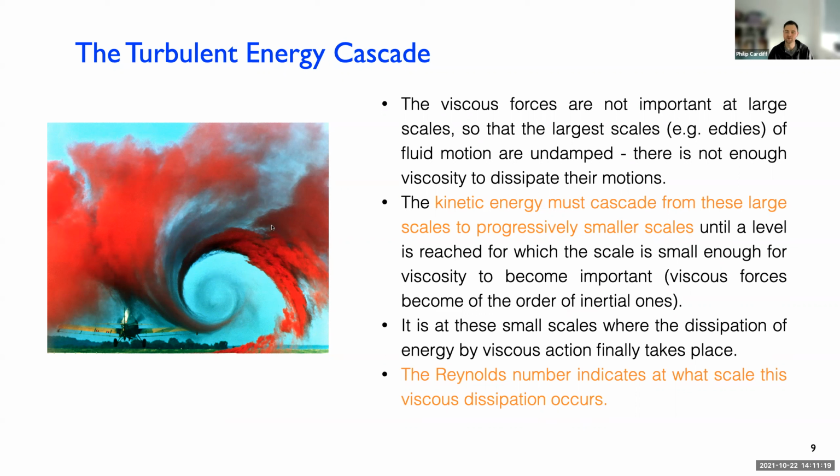At some point, when the eddies get small enough, the viscosity of the fluid dominates and takes over the inertia of these small eddies. And at that point, the energy just gets dissipated. Those smallest eddies don't make any smaller ones. They just get dissipated into heat, just friction heating up the air. So the Reynolds number gives an indication of the scale at which this viscous dissipation occurs, and what size the eddies are when they get converted into heat.